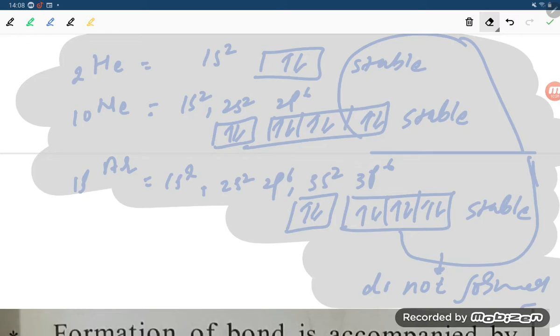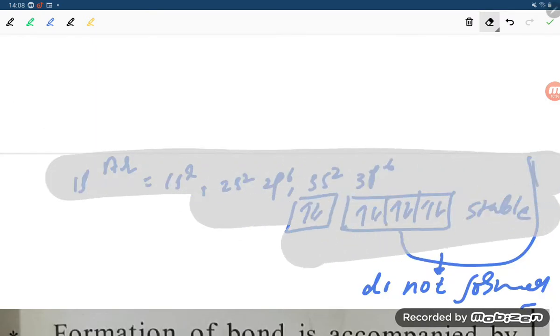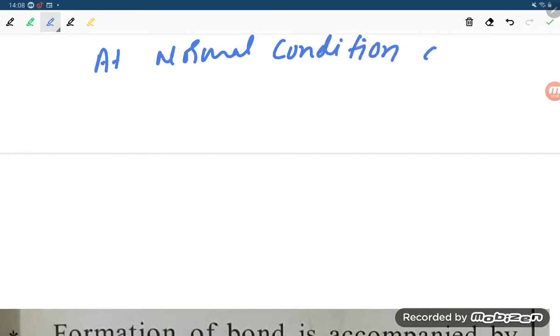Here we can write one statement: what do we mean by normal condition? Normal condition means room temperature. So at normal condition, atoms do not exist independently, right student.